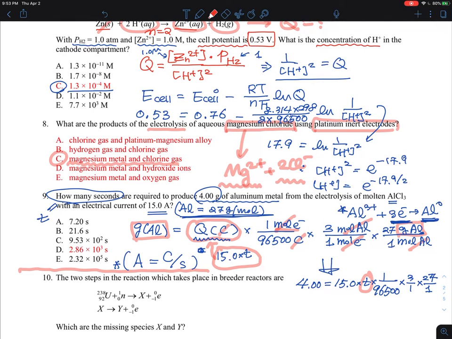That's a simple equation for you. You just realize, based on your understanding, that it takes 3 electrons to produce 1 aluminum. Based on this chemical knowledge, I can establish this conversion from electrons to aluminum, and then I can solve the electroplating problem this way. And the answer is D here.